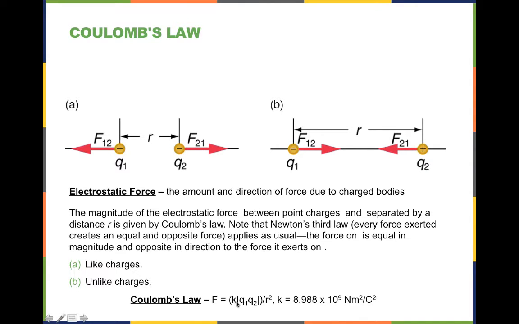It's equal to a constant times the absolute value of these two charges, expressed in coulombs, and that whole quantity divided by the distance between the two squared. In this case, K is equal to 8.988 times 10 to the 9th newton meter squared per coulomb squared. And this is a formula that you need to remember.